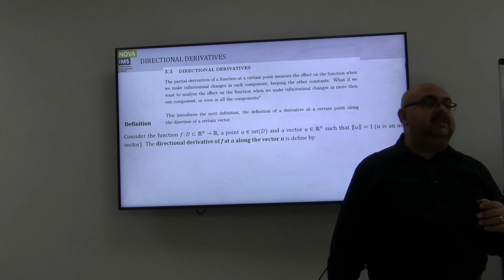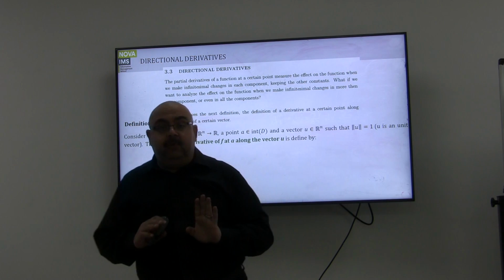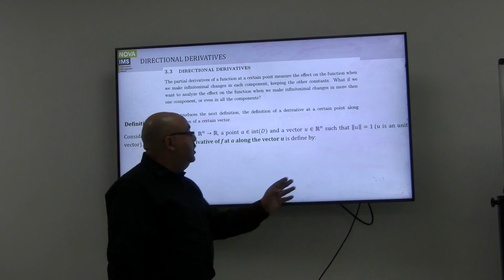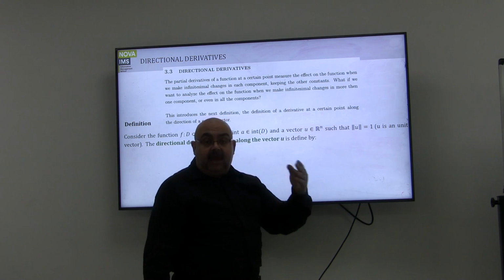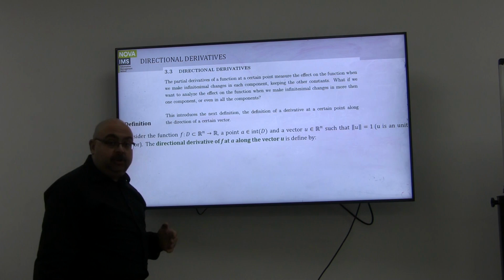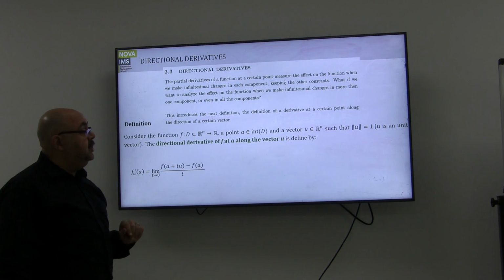But in this case, it's not going to be easy to compare between various vectors. But if we normalize it, which means the magnitude or the norm of the vector is equal to 1, I can compare between the value of the function in various directions. And this is why mainly we are using the unit vector.